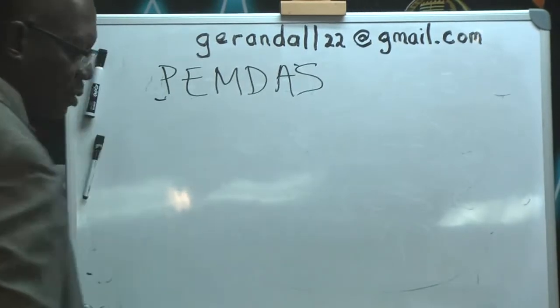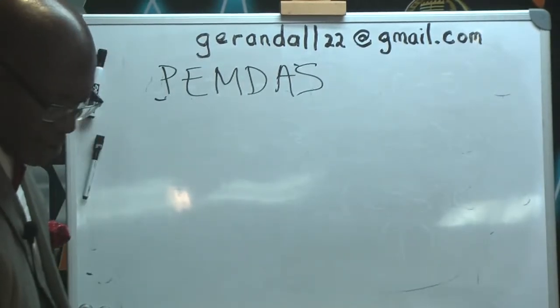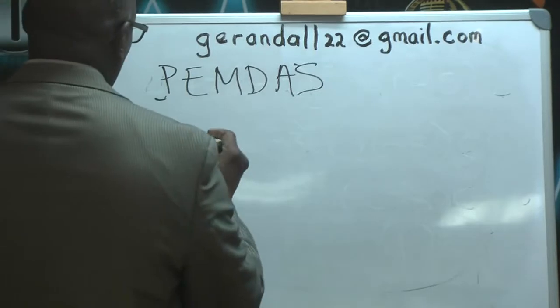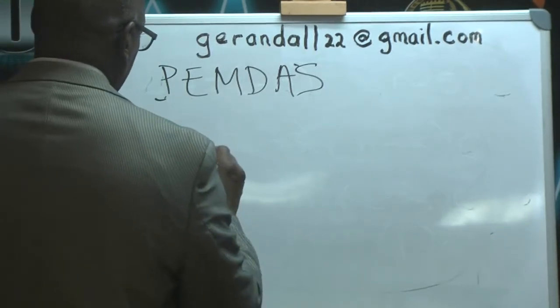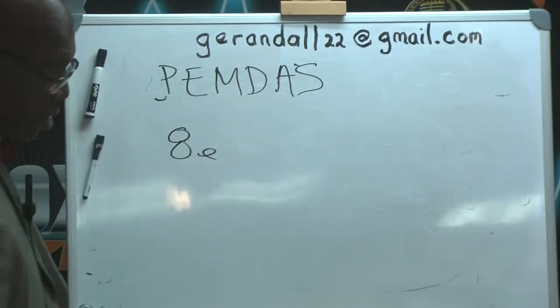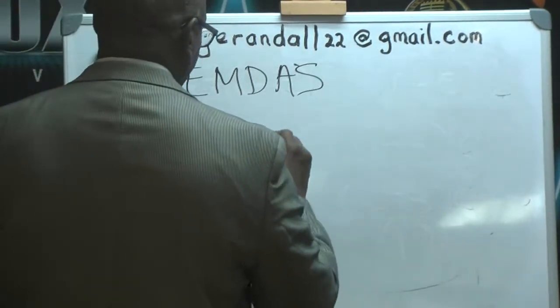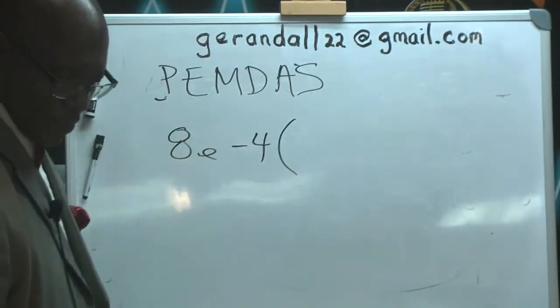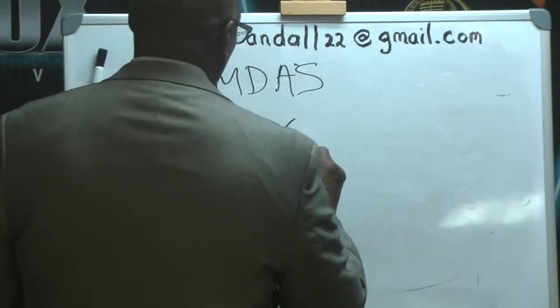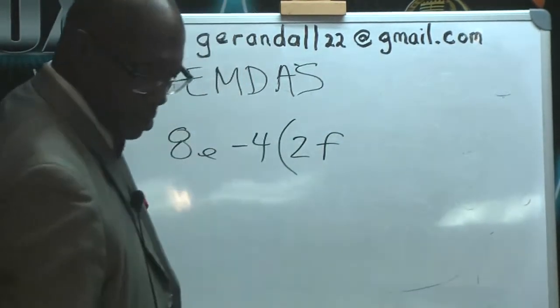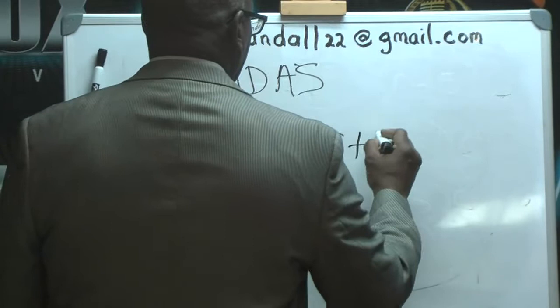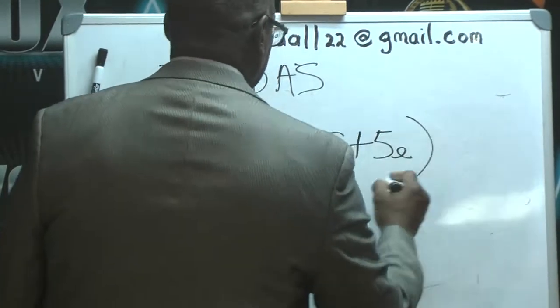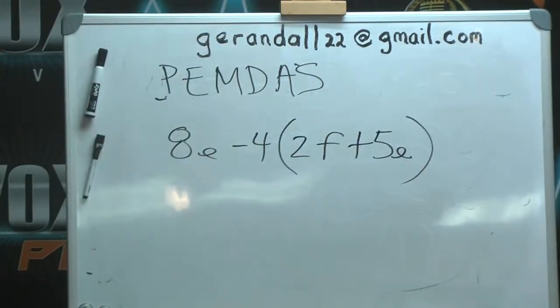Oftentimes, you will be given another type where there are more than one variable. 2F and 5E. Process is the same.